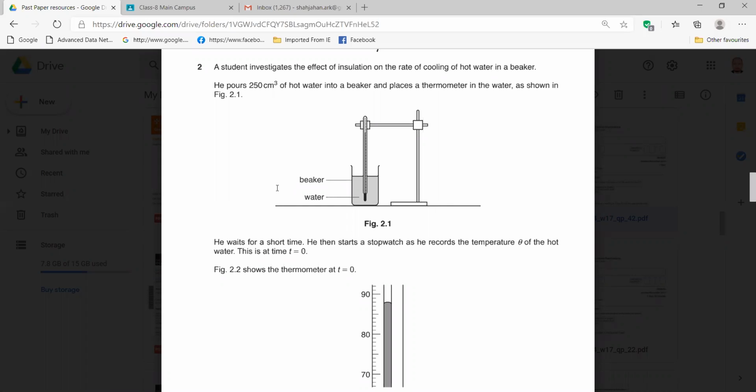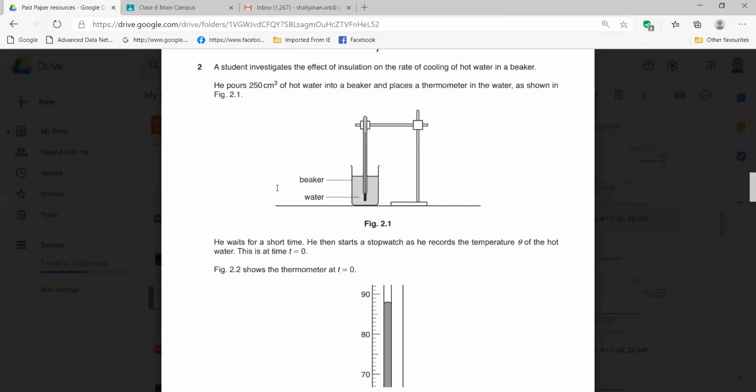So you know what is the boiling point of water? 100 degrees Celsius. And the freezing point of water? 0 degrees Celsius. Then what is the melting point of ice? 0 degrees Celsius, because the freezing point is 0.